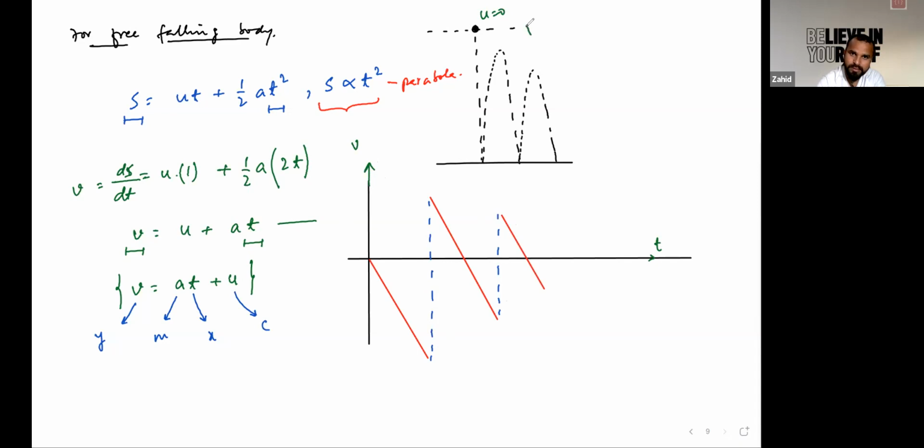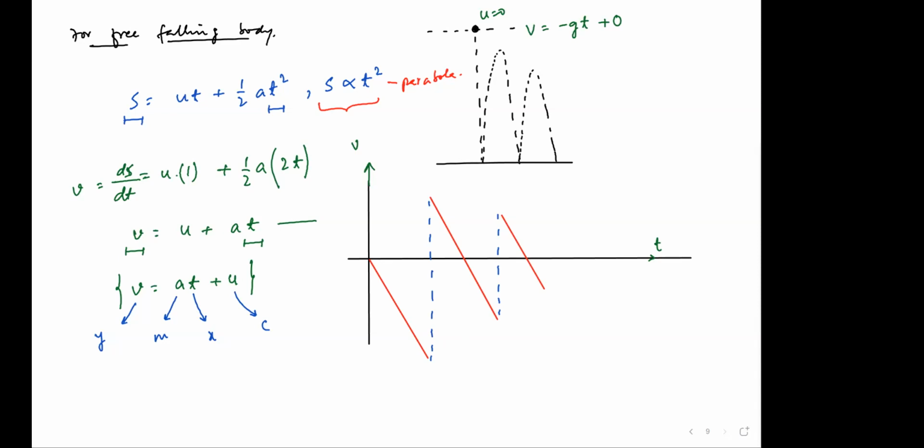So you will get v is equal to minus g into t plus 0. Since there is no constant term, it will pass through the origin, having slope negative g, so it will be towards the negative side. Is it clear? Yes, sir. Sir, can you repeat?